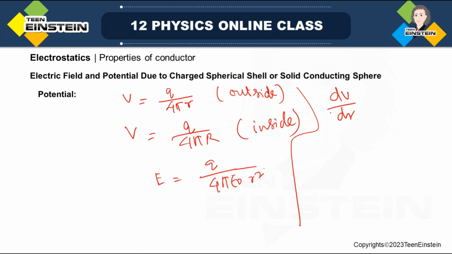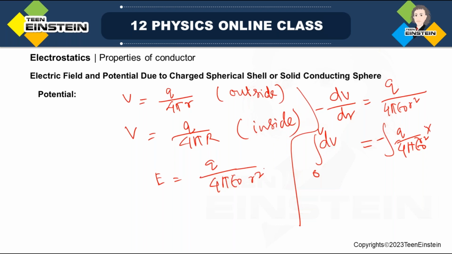We know minus dV is equal to the electric field Q by 4 pi epsilon naught r square dr. Now if you integrate it, V goes from 0 to V.